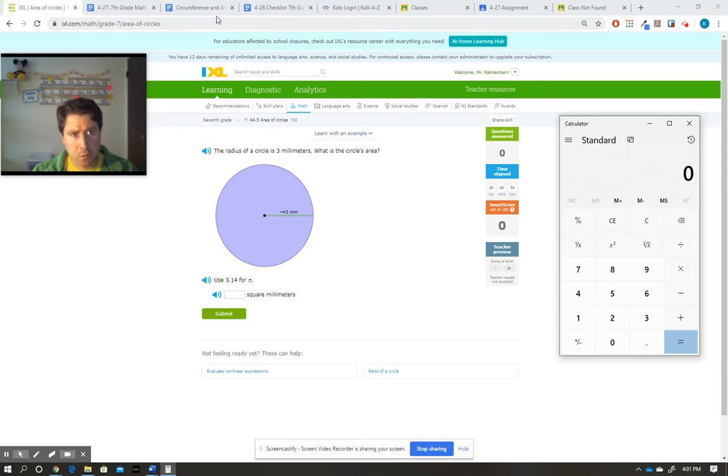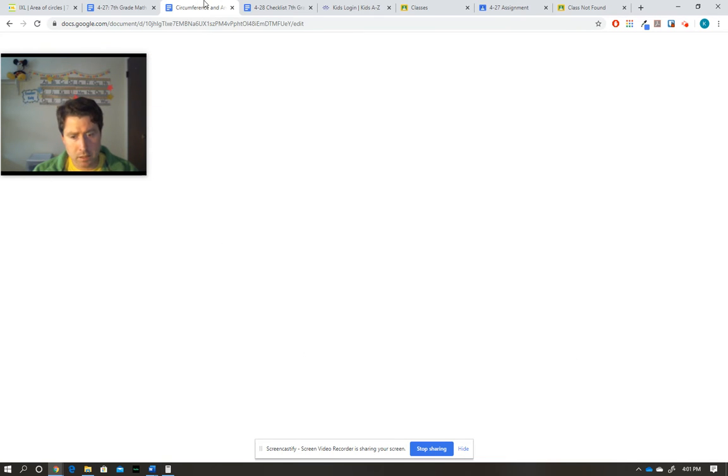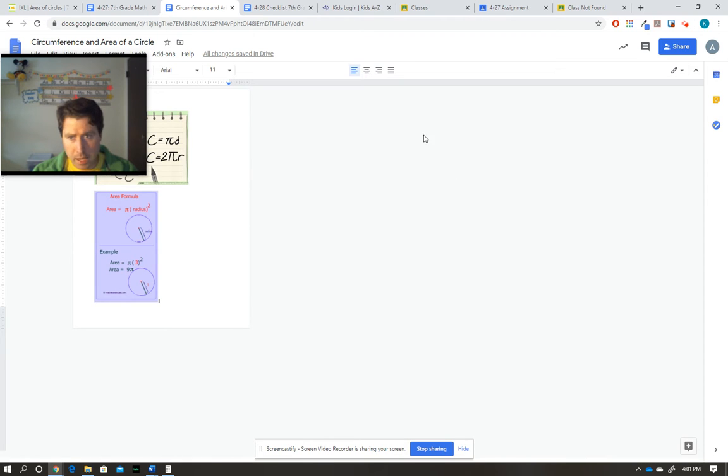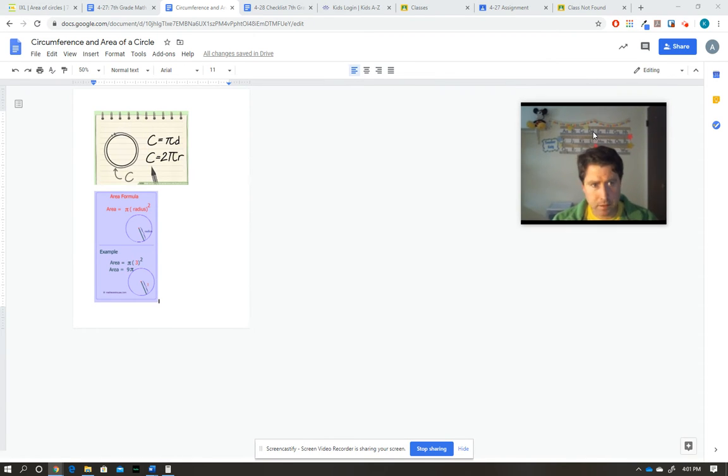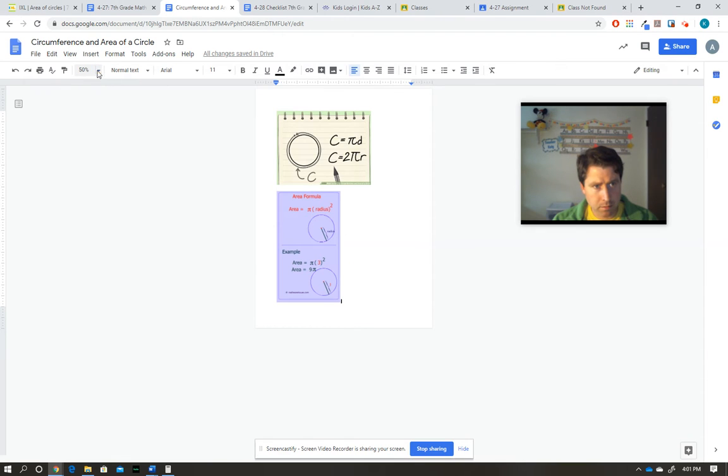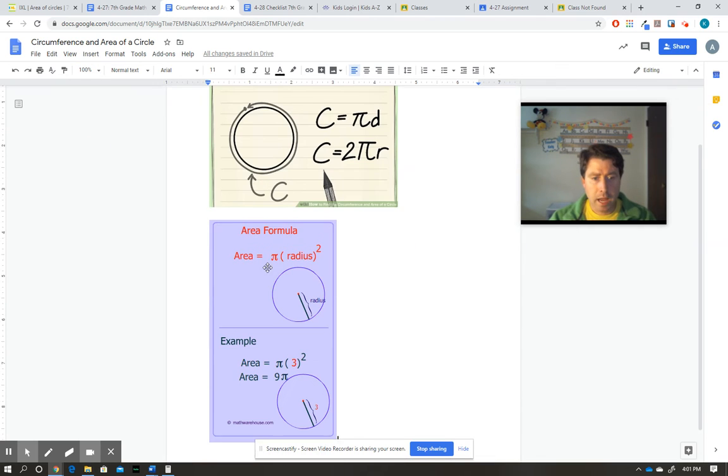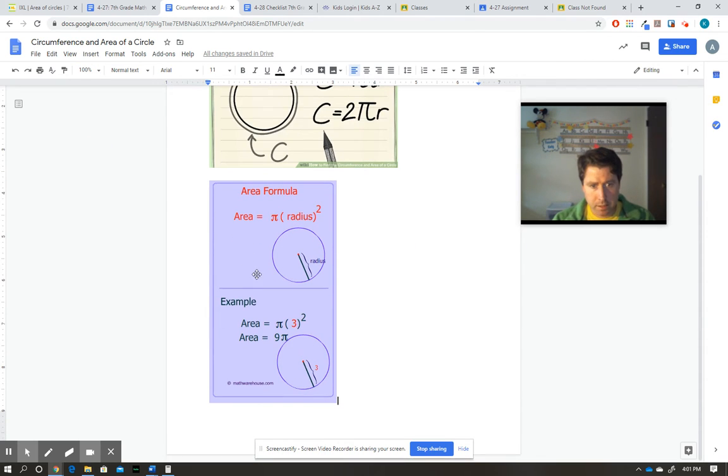That's why with your work, I put this document, and just give it a second to come up. And let me just move my face here. And as you can see here, as I make this bigger, area, which is down in this area, the formula is pi times the radius squared.